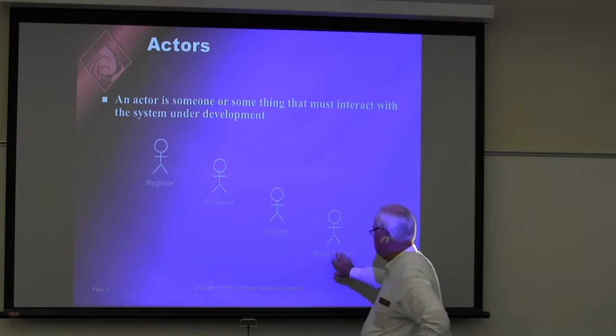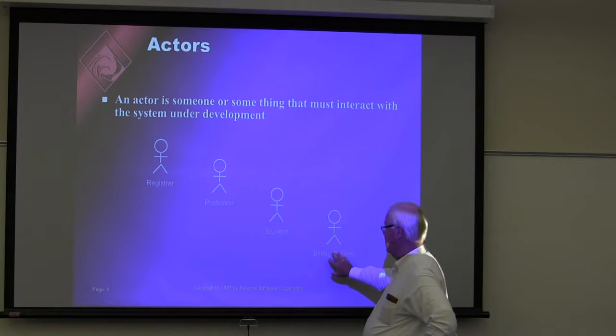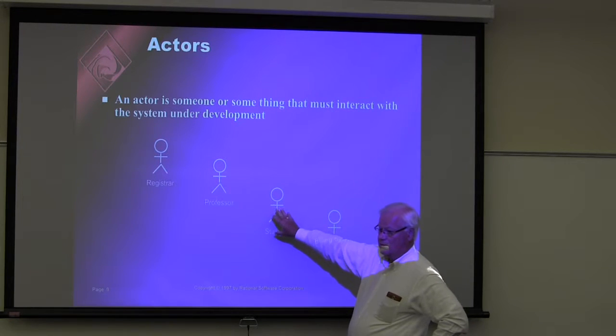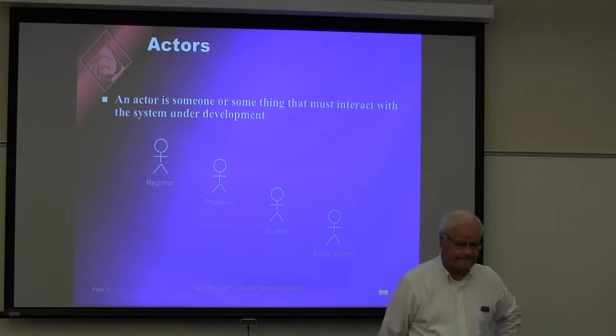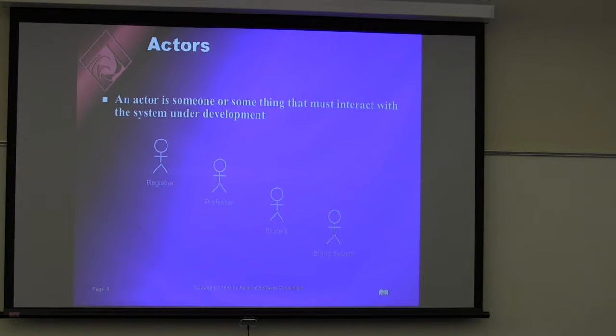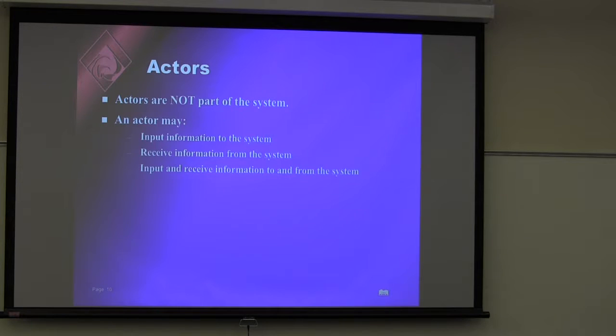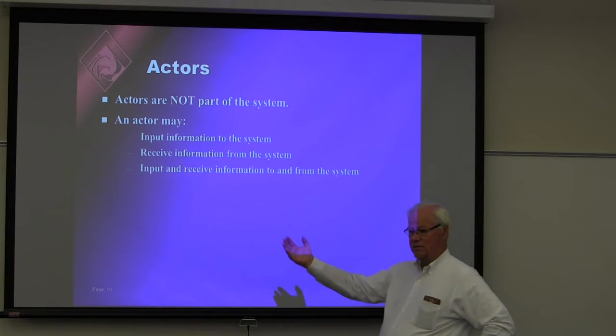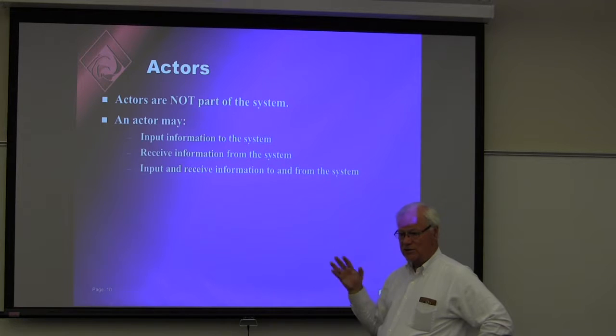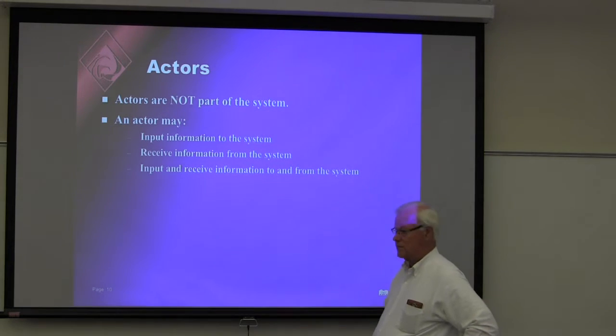And then we've got the billing system, which starts billing once the student gets their schedule put together. And this is key. Actors are not part of the system. Actors are sitting outside the system, drawing information out of the system or putting information into the system.